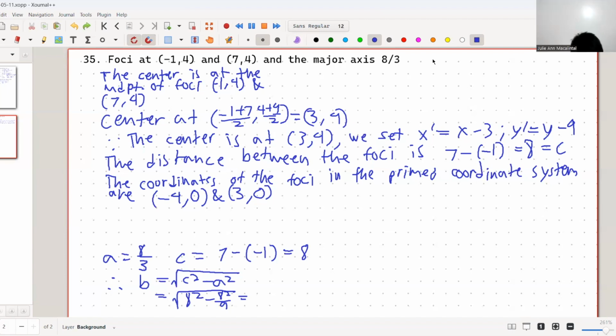Ano pa yung mali? Kaya, check natin. 7 minus 1 is 6 divided by 2. That's 3. So negative 1 minus 3 is negative 4. 7 minus 3 is 4.